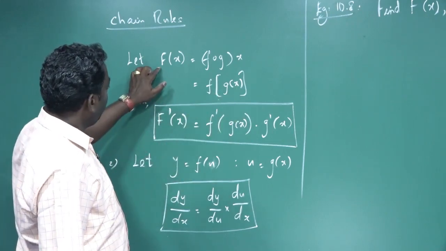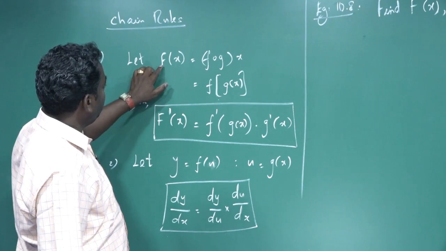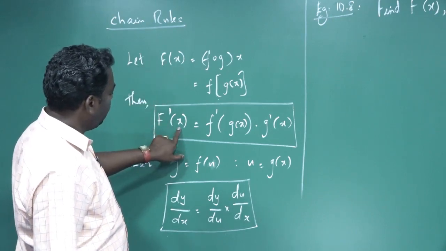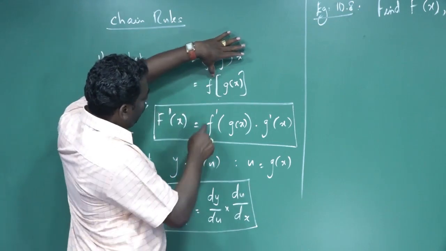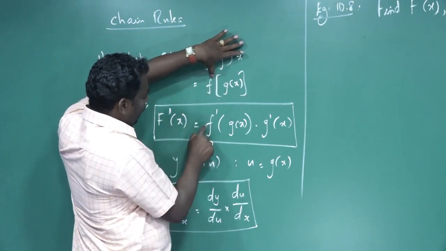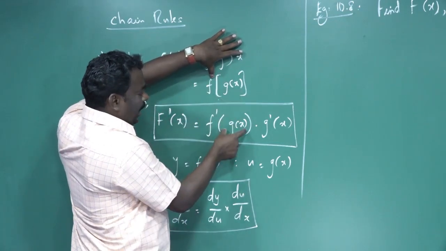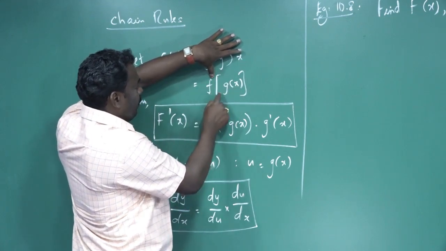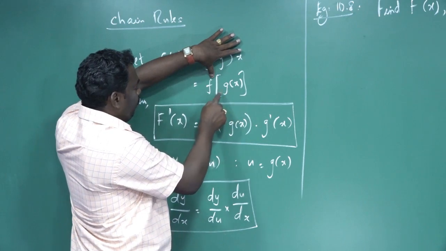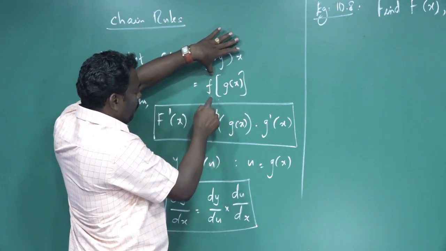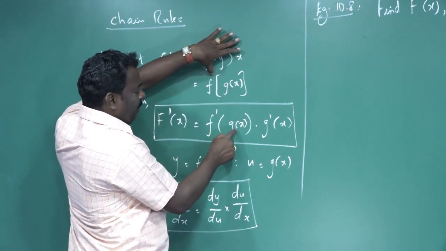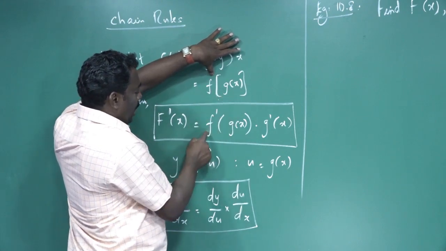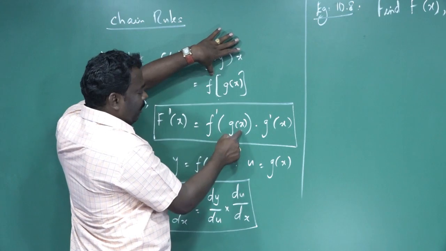If you differentiate the given function capital F of x, the first derivative is defined by F dash of x. That means first we have to differentiate the outside function: f dash of what is within the bracket, as it is. The derivative of f of g of x is f dash of g of x.